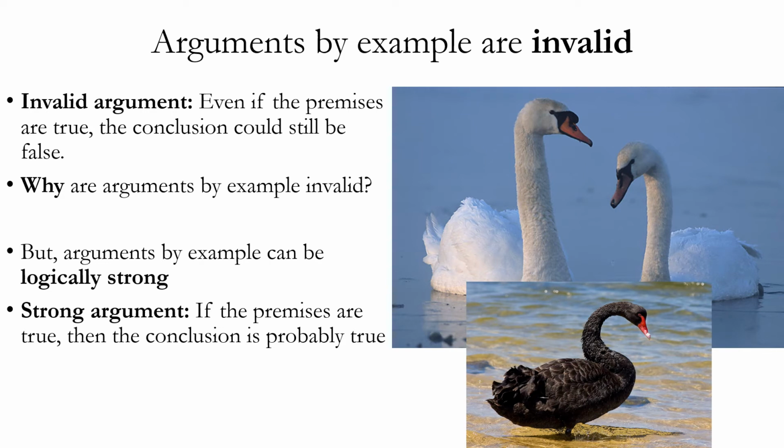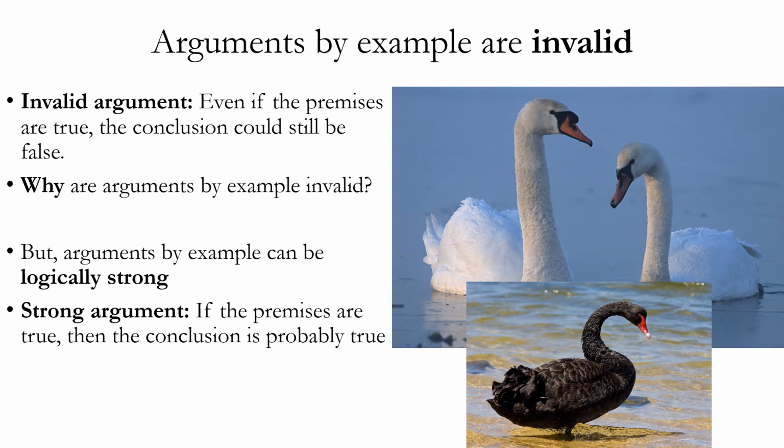Validity and strength are the two main ways of evaluating an argument, logically speaking. A valid argument is one where if the premises are true, then it's logically necessary that the conclusion is true. A strong argument is one where if the premises are true, the conclusion is probably true. So strong arguments don't give you the same level of proof, the same degree of certainty in the conclusion based on the premises.